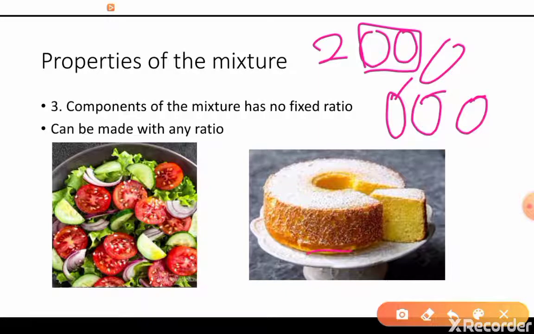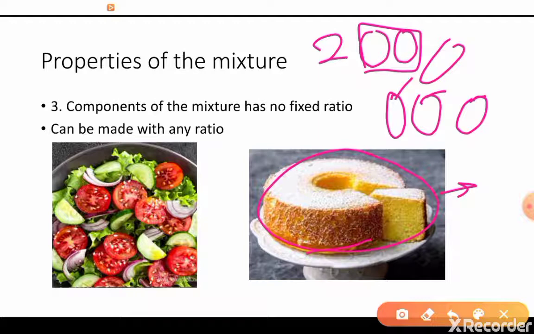But in the case of the cake, I have to know the ratio. To make a good cake, I have to know the ratio. How many eggs do I need? How many cups of milk? How many grams of sugar? And so on. And if the ratio that I put inside the cake changes, it will be a new thing. It may be dough for bread or for pizza.